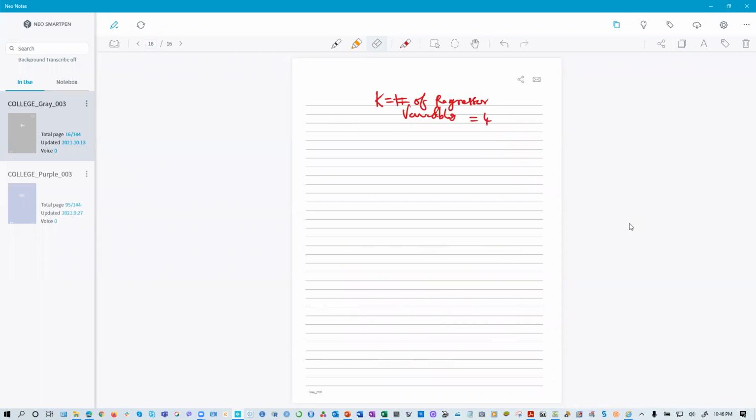Therefore, the total number of subsets or regression models would be 2 to the power K, which is 2 to the 4th, which is 16.